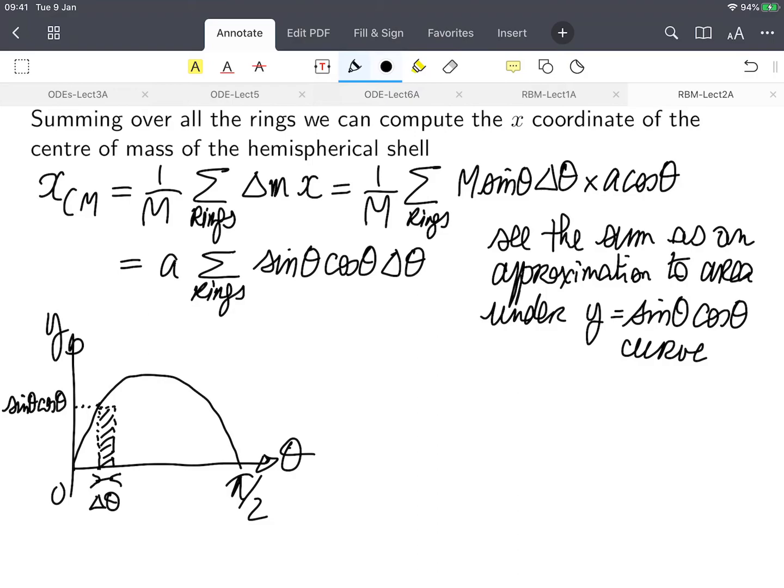That's so clever. As delta theta tends to 0, my sum is going to tend to what?